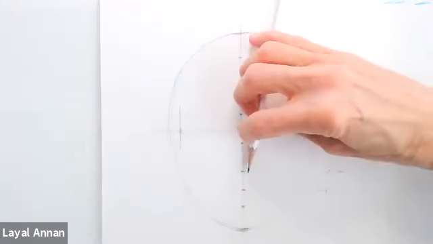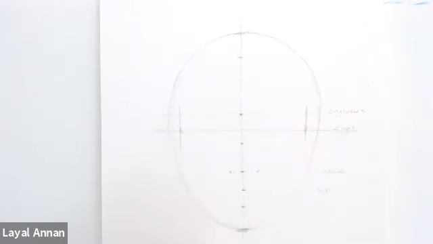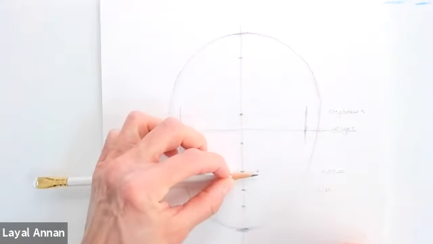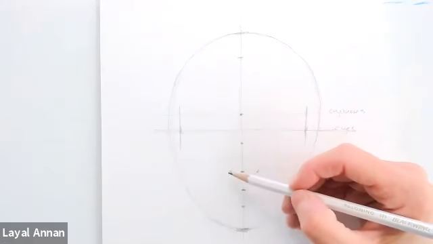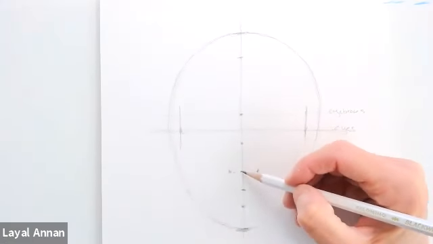If I take a measurement like that and I come here, that's roughly the width of the nose. You can measure with a ruler if you like, but that's good enough.